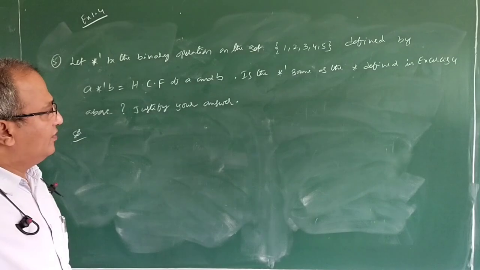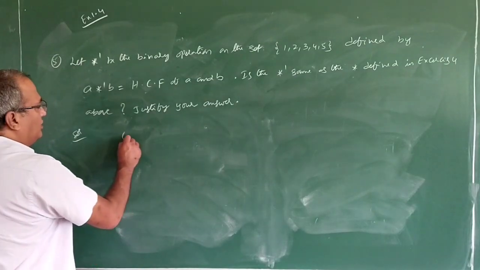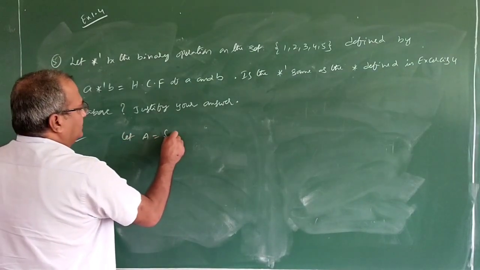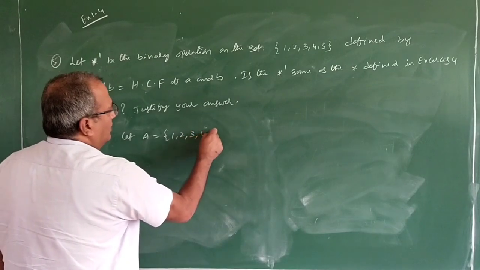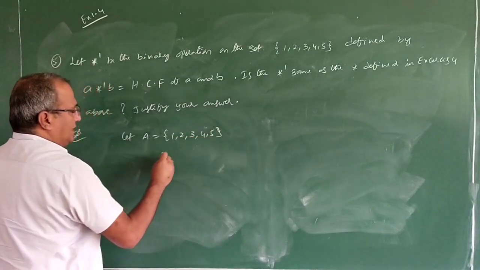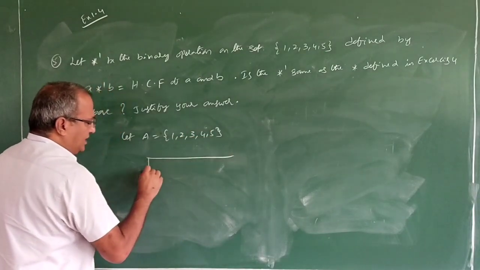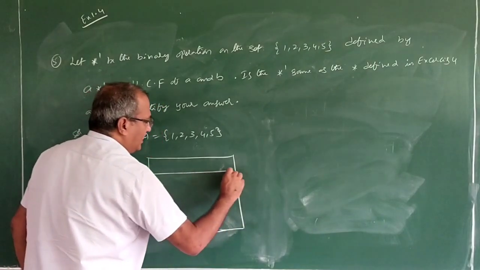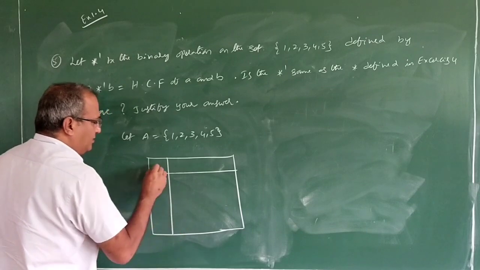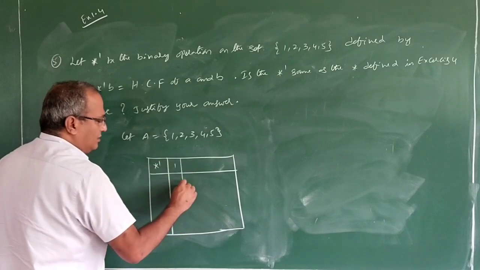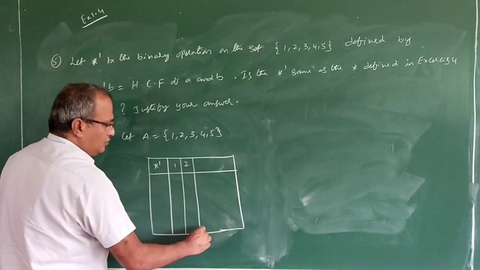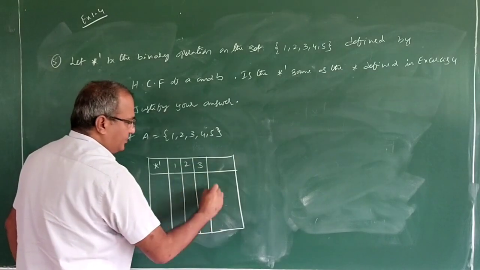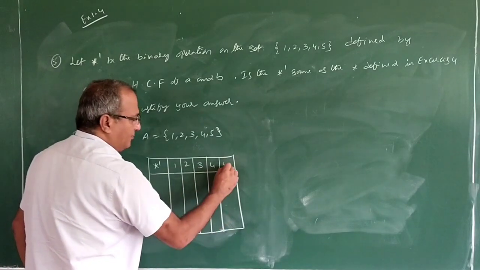Now I am going to take A is equal to 1, 2, 3, 4, 5, and I am drawing the binary operation table for this star dash. So we are writing the binary operation table 1, 2, 3, 4, 5.